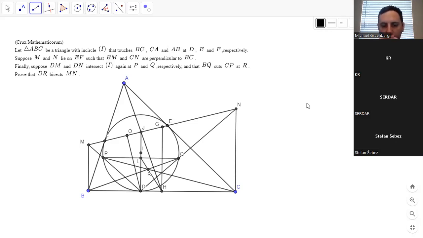And we want to show that D, R, and G are collinear by using some ratios. So we want to prove that DL over HG is equal to LR over RH.